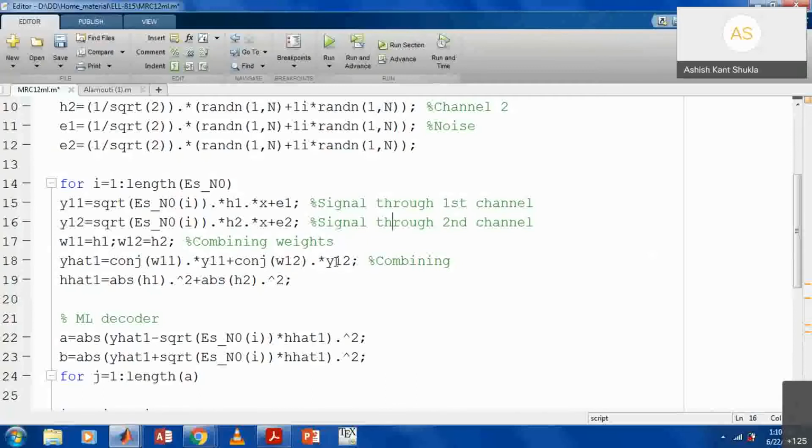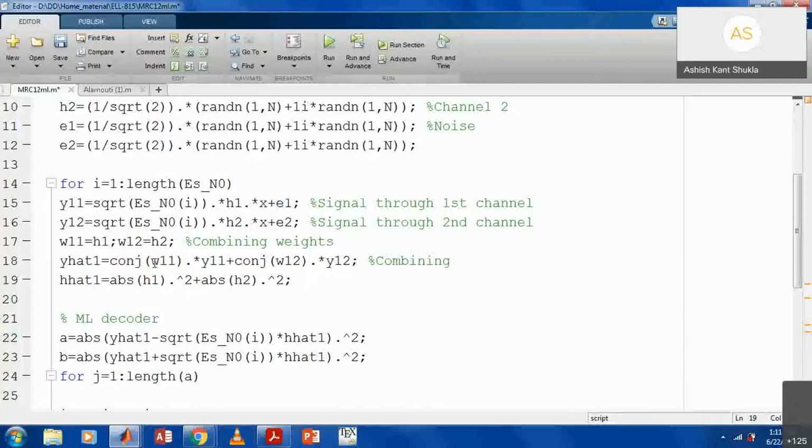You all have studied about this in the theory portion, which Mano sir has discussed in the slides also. In the denominator we require H hat 1, the overall channel for the system, so it will be absolute of H1 squared plus absolute of S2 whole squared.